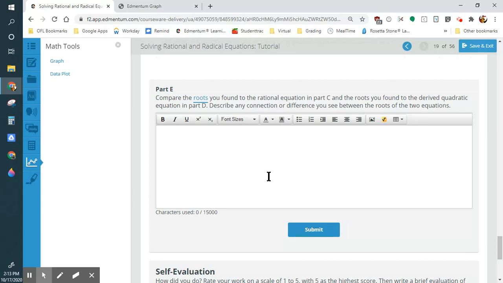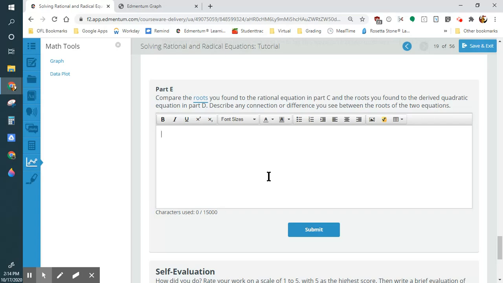Compare the roots. You found the roots of the rational equation in this part, and the roots can be found by deriving this. Describe the connection between them.